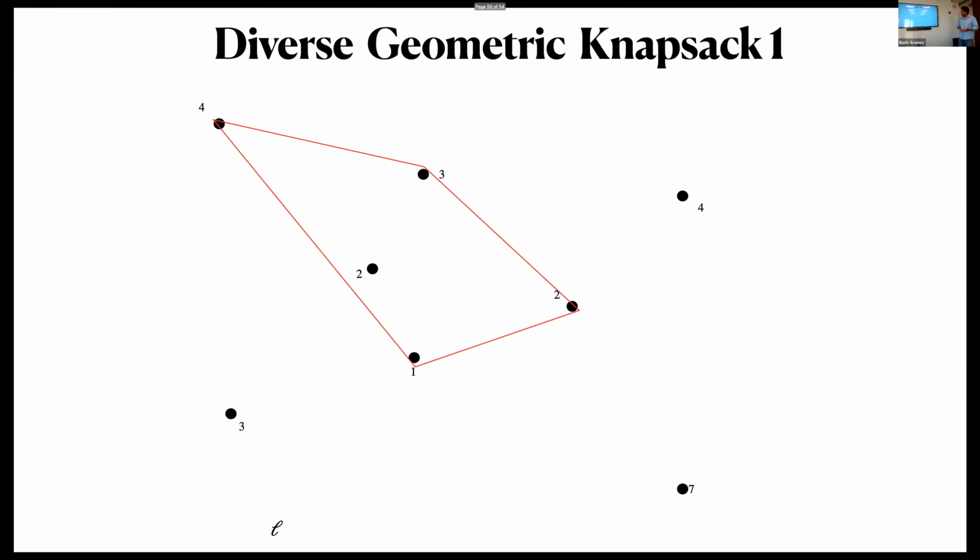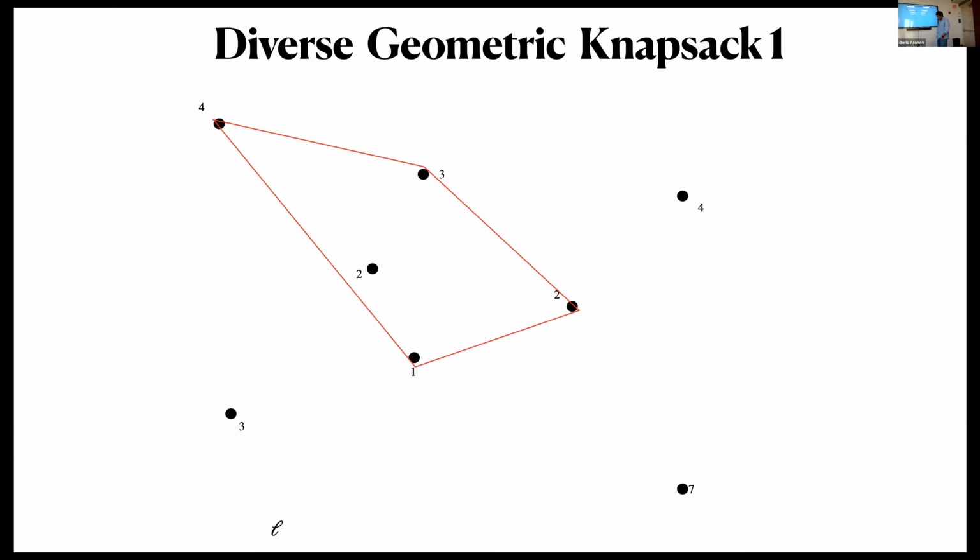The perimeter of the curve should be at most L, and the profit that you get is whatever points are inside your curve. So if you use your length L to do it like that, then the value of this subset is whatever you add them, so 12. The question is, I give you the point set and the length L, find me the maximum possible subset of items that you can get by enclosing within a curve of length L.